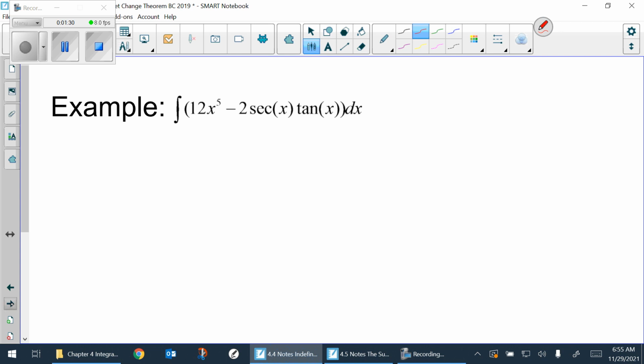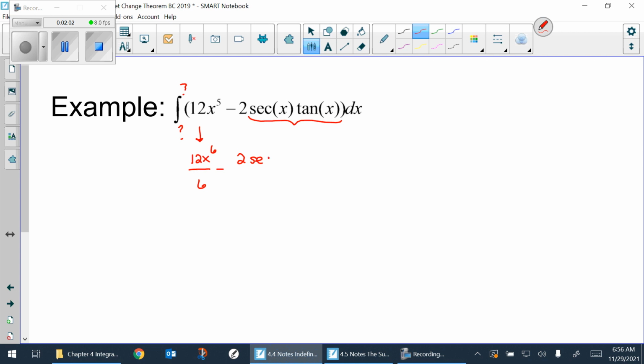Now, let's take the antiderivative of this. It's indefinite again, no lower, no upper limit. So the antiderivative of 12x to the fifth is 12x to the sixth, divided by 6, and the coefficient of 2 just comes along for the ride. And what is the derivative of secant? Well, secant tan is the derivative of secant.